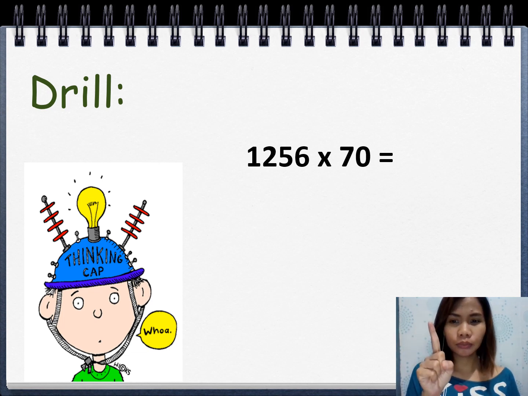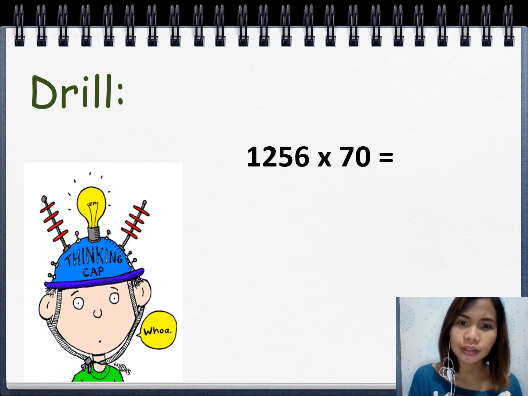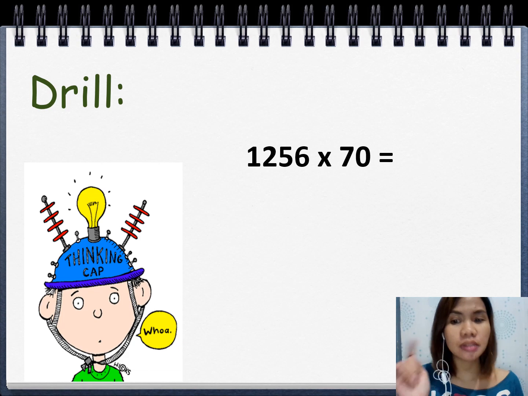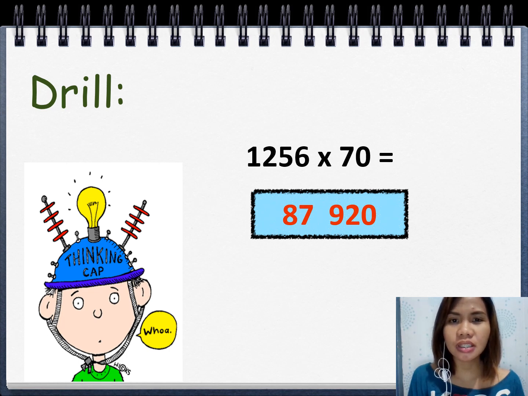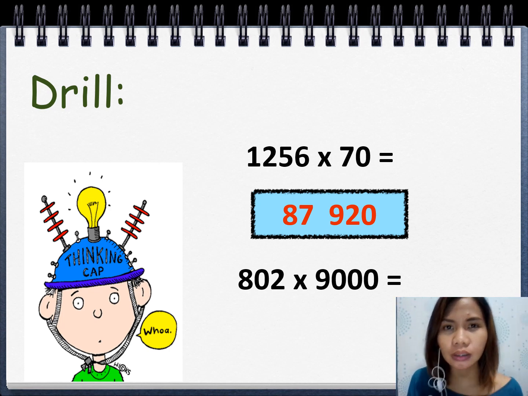Alright, so what is the answer here? What you can do is 1,256 times 7 times 10, and that's easier, right? Okay, and the answer is 87,920.